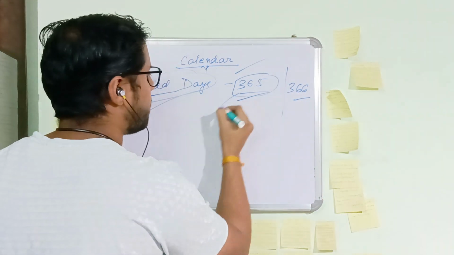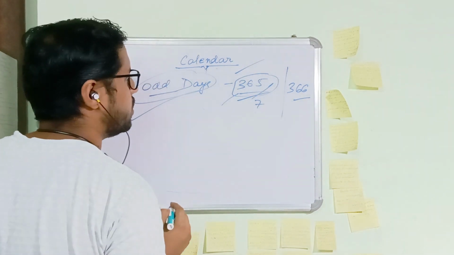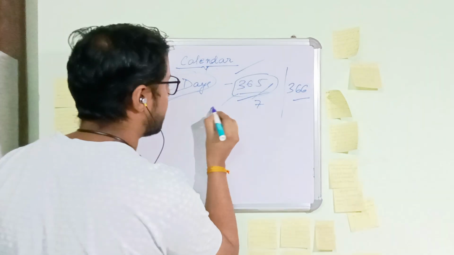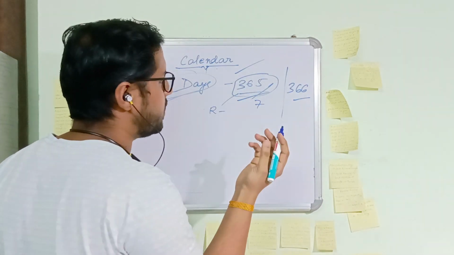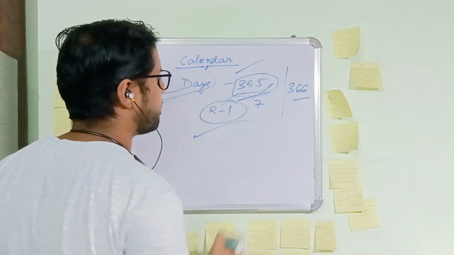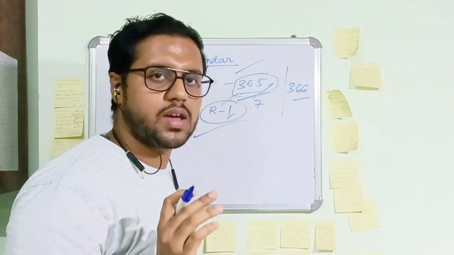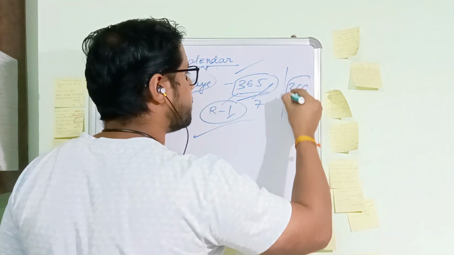In a normal year, when you divide this by 7, you will get some remainder. How much remainder will you get? You will get 1 as a remainder. So it means 1 is an odd day.